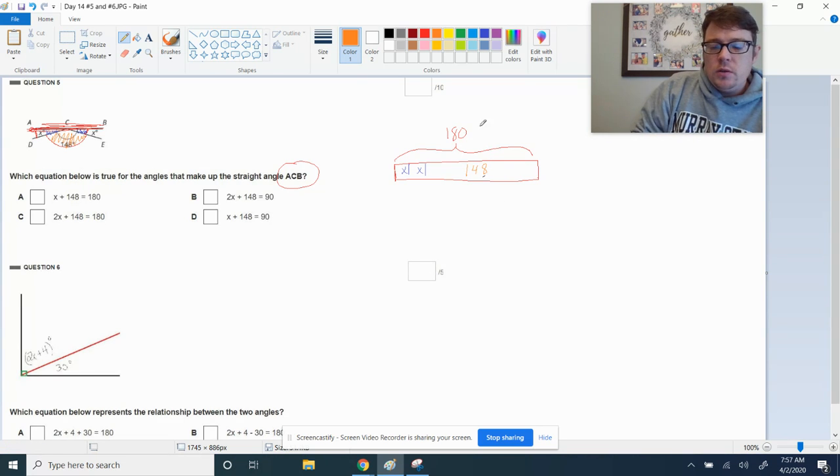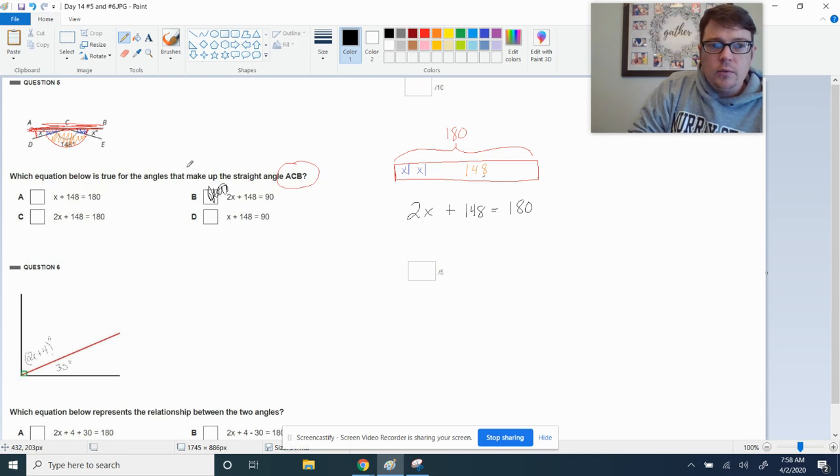And so essentially you have this diagram that matches one of these equations. If you guys remember writing these, we have two x's and we have 148 added together to give us a total of this. So that's the equation that we're looking for, which would be B in this scenario, or the second option, 2x plus 148. Oh, I'm sorry, that's wrong.